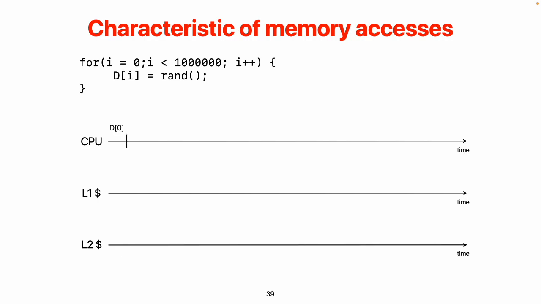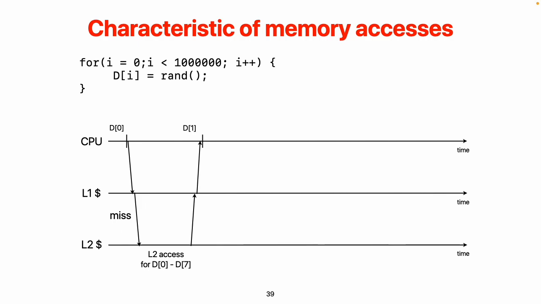So to service this miss, what do I need to do? I will have to go to L2 to fetch it, right? Then it would take a while, so that I would get the whole block back and place it in the cache, right? So when I access D1, is it going to be a hit or miss?